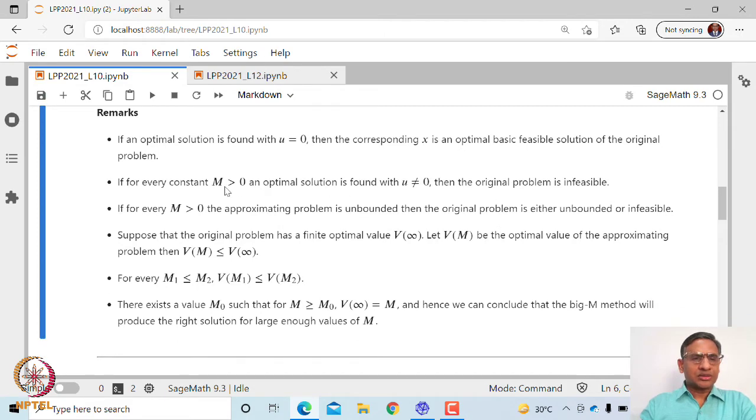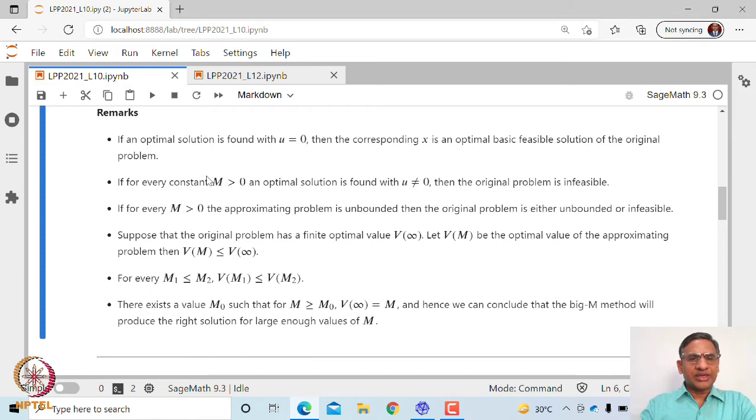The second result says that if, for some positive constant M, an optimal solution is found but with U non-zero, then the original problem will be infeasible. So what does it say?